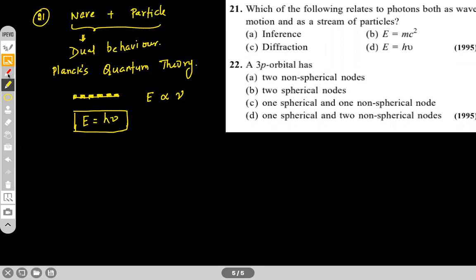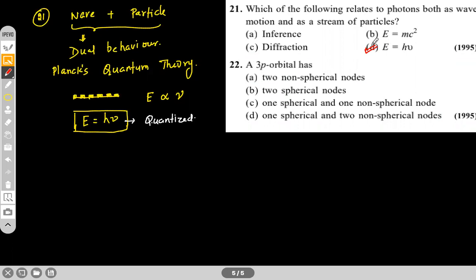That's why we say the energy present in this photon is quantized. It is available in packets, in a discrete manner. That's why it shows both particle nature and wave nature, because the photon is a particle of wave. So the answer for this is option D, E equals h nu.